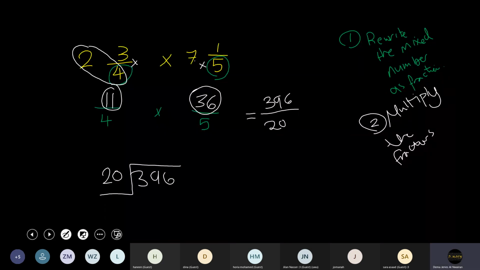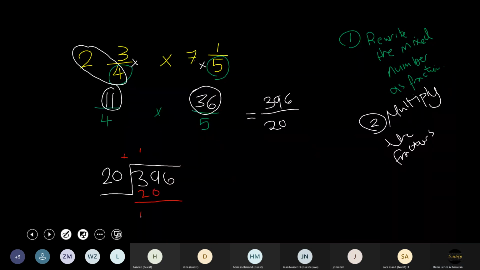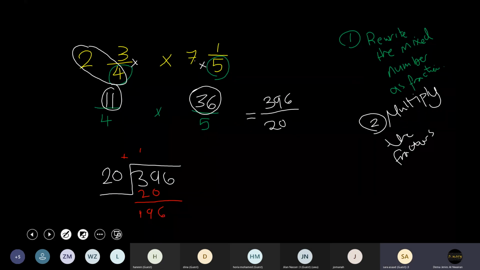396 over 20. 1. Good job. 196 over 20. If you try 7, it will be 140. 8, 160. 9, 180. 10, 200.